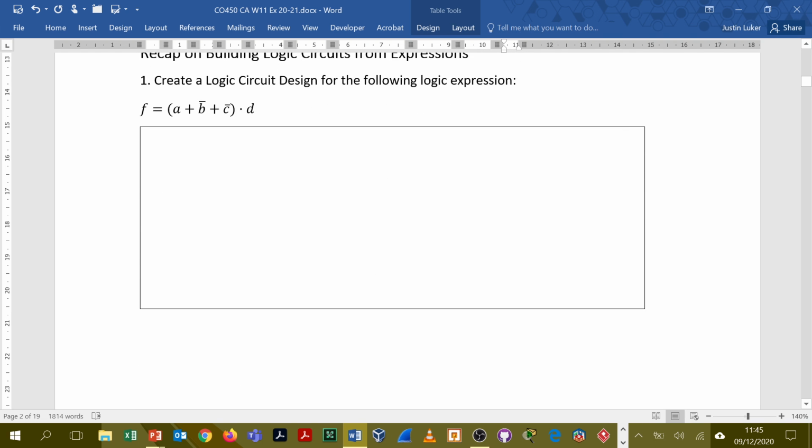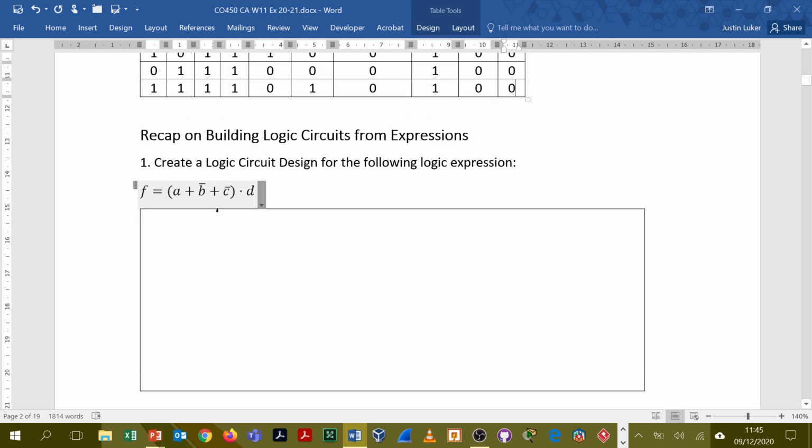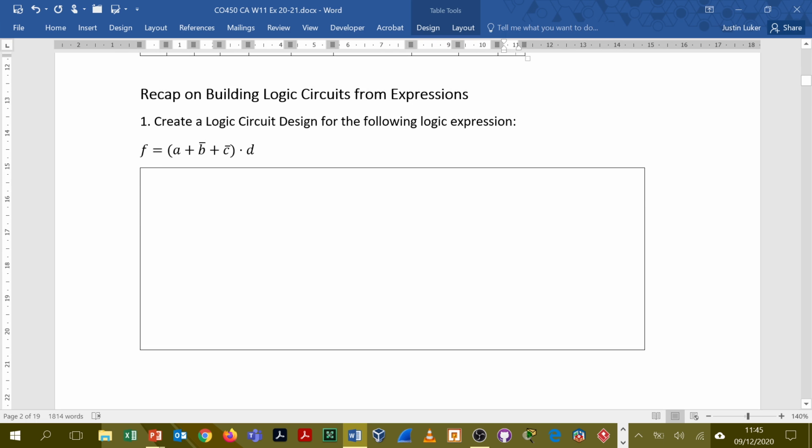Here we've got one to build. Create a logic design for the following logic expression. So we've got an expression to build in the multimedia logic. So let's get multimedia logic on the go.